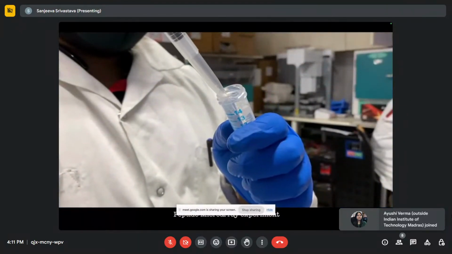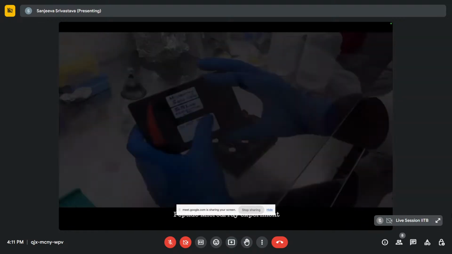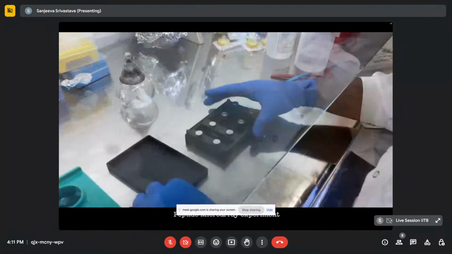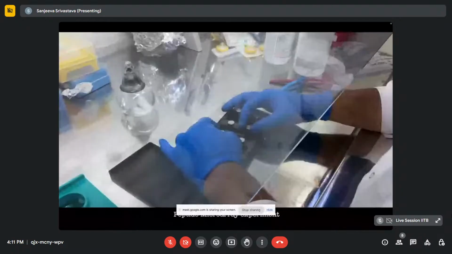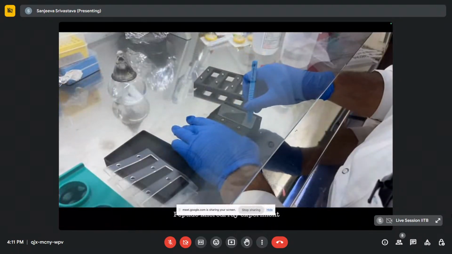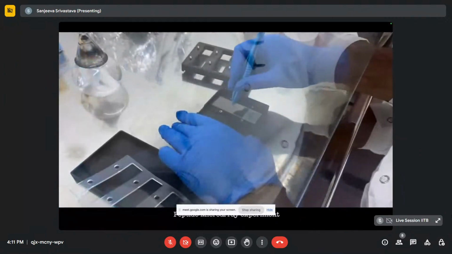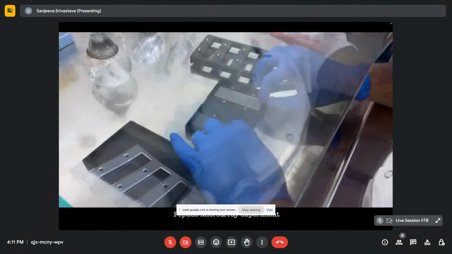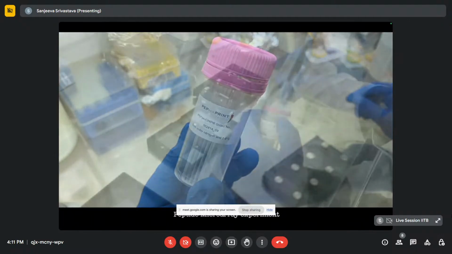After preparing the reagent, we move on to incubation tray assembly. Unscrew the incubation tray by slowly turning the screws diagonally. We will be using two black brass clients as balancers, since today we will be using only one microarray chip. This is the PepperPrint microarray chip.